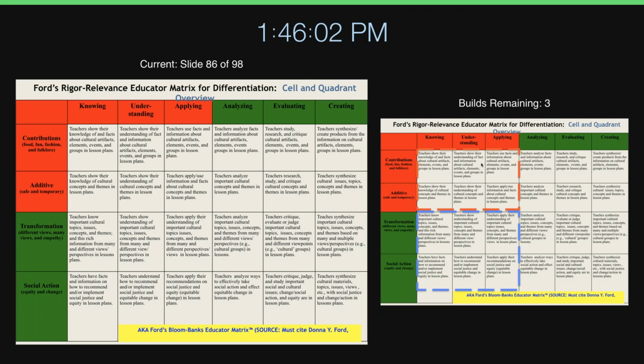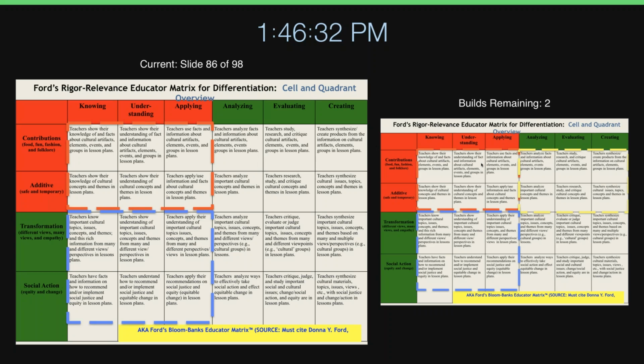So this is color coded. It is a 4x6 matrix composed of 4 quadrants. The first quadrant, coded red, is the one that is low on both models.